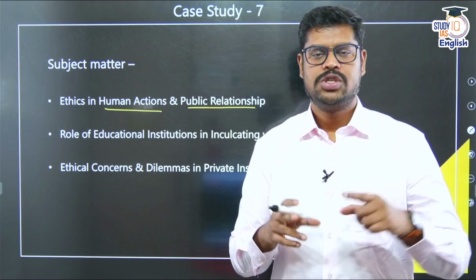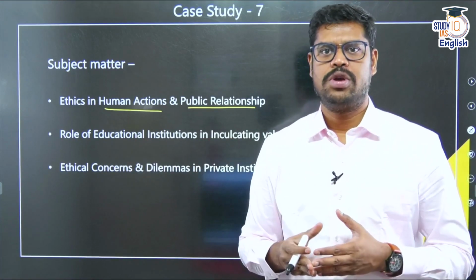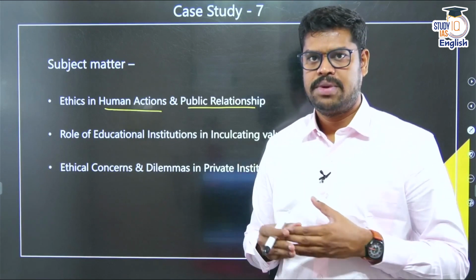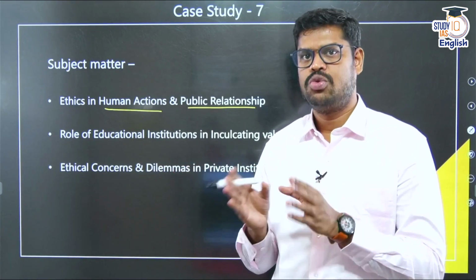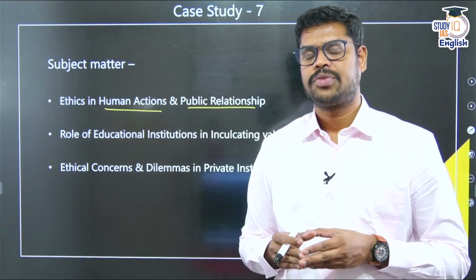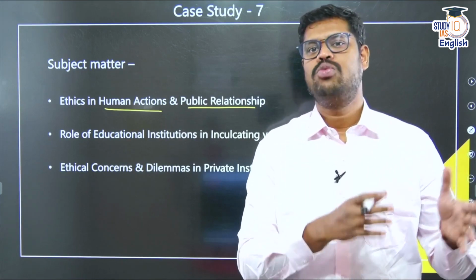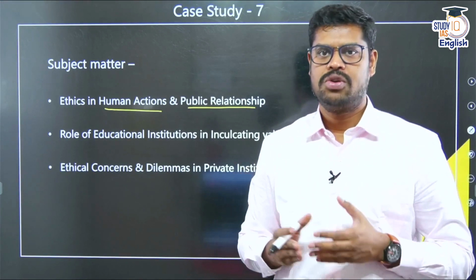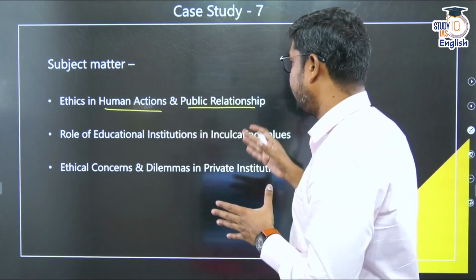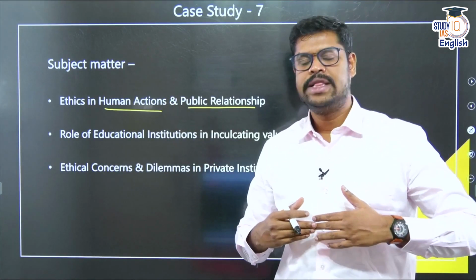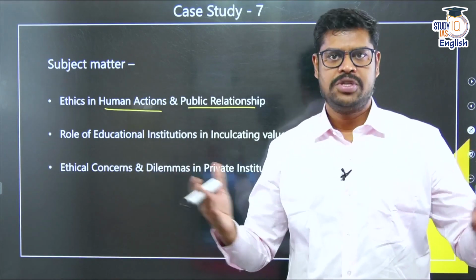As a principal, he holds a very important office where he has to interact with a number of stakeholders. It is an important public office; although it is not a government office, everybody is looking at it. It's a very respected post, and occupying a respected post means your conduct has to be in line with values like integrity and honesty. So this case study is related to how ethics drives a person who holds a post that is considered a public office.